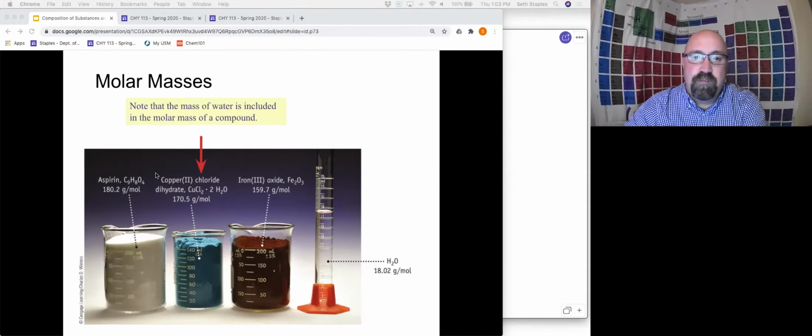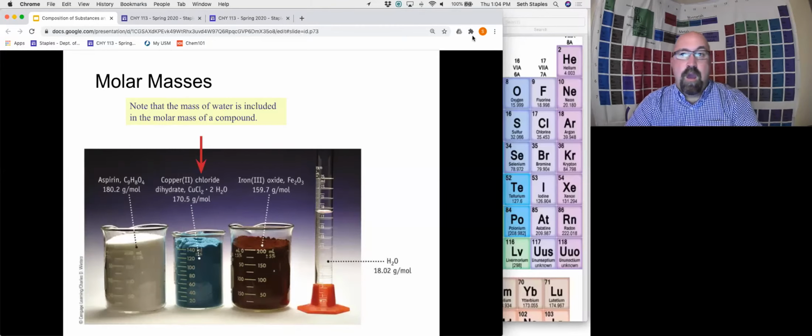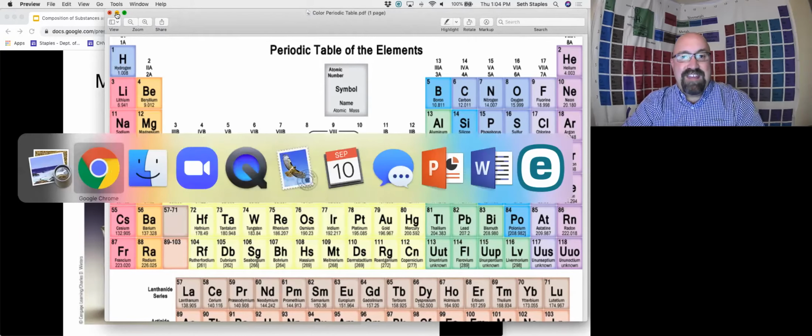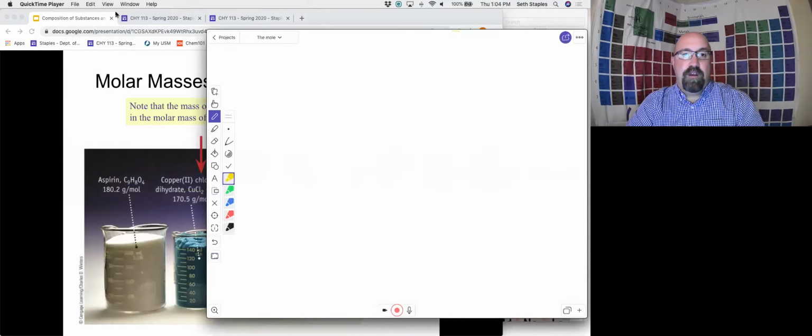So, for instance, we would look up on the periodic table and find that the atomic mass of something like carbon is 12.01 AMUs. And so we were using that before just to illustrate the idea of atomic mass and to look at isotopes and how we calculate the blended atomic mass that shows up in the periodic table. It's now going to take on some real meaning for us.